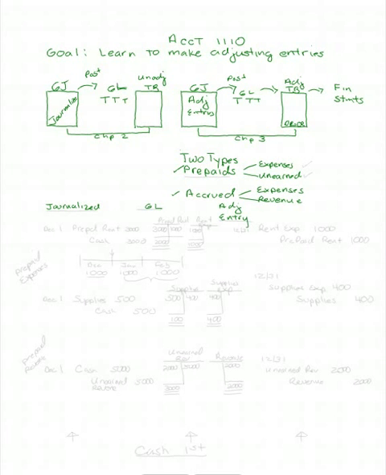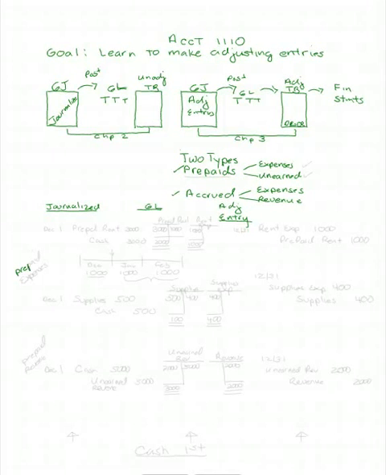By doing this, you'll see what we did originally during the course of the month, what it looked like in the general ledger before we made the adjusting entry. Then I'll go back and post that in the general ledger so you'll see what it looks like after. And we'll start then by working on the prepaid items.